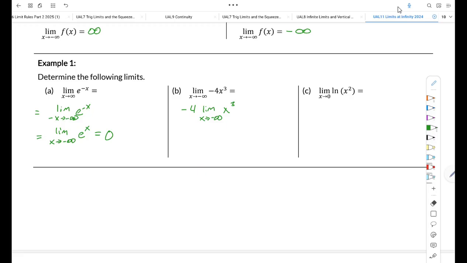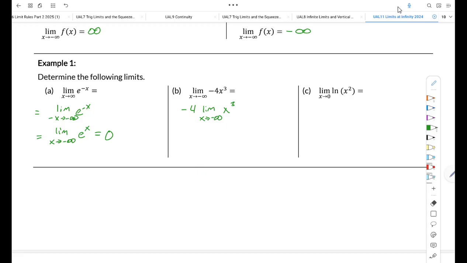That's an odd power. If I put giant negative numbers into x cubed, I'm going to get even gianter numbers, but with negative signs in front of them. Which means that this limit is going to -infinity. But in the end, I'm going to multiply all those things by -4.